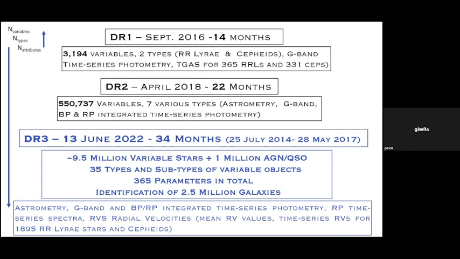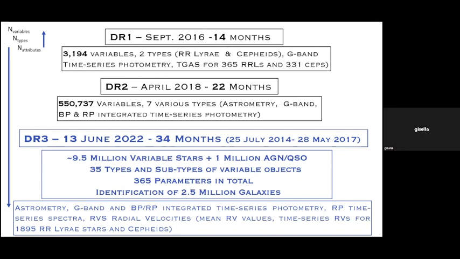In DR3, we have released a catalog of 9.5 million variable sources, plus 1 million variable AGN and QSO. These about 10 million sources are divided in 35 types and subtypes.